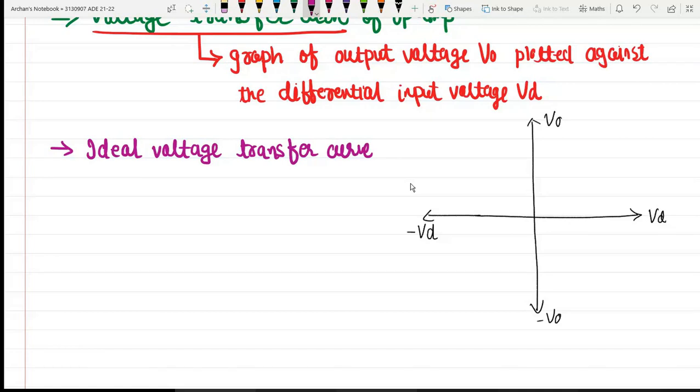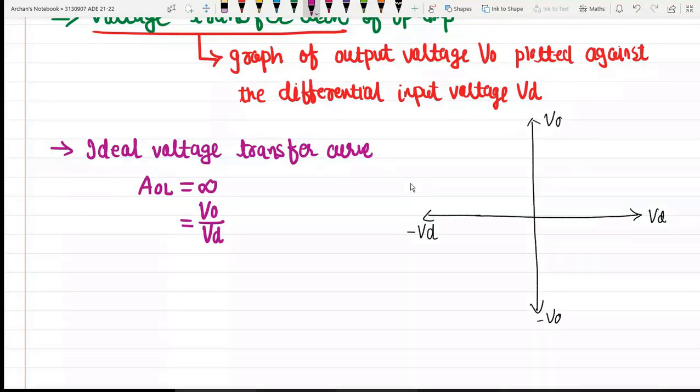So ideally, we have open loop gain equal to infinite. And what is this gain? This gain is nothing but the ratio of output voltage to the input voltage. What is the input voltage? Input voltage is VD.